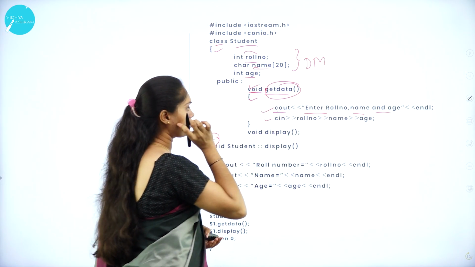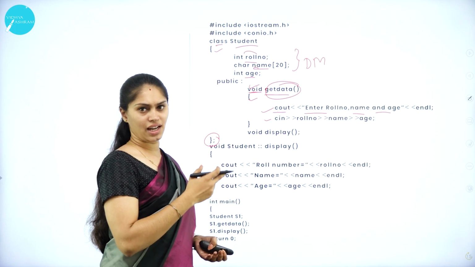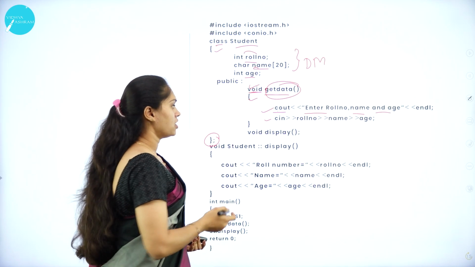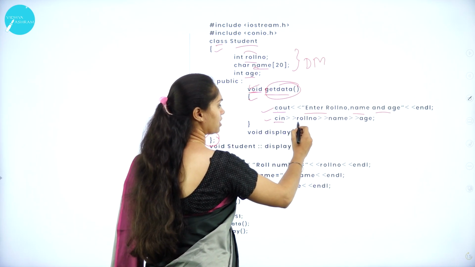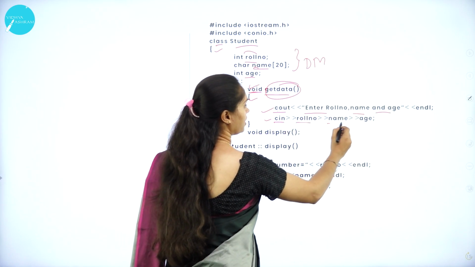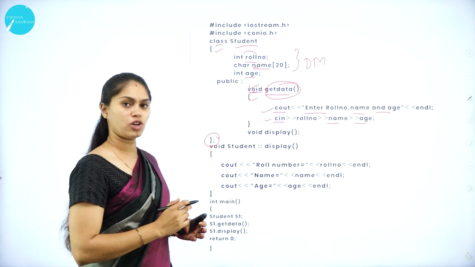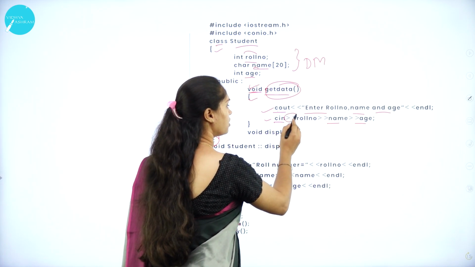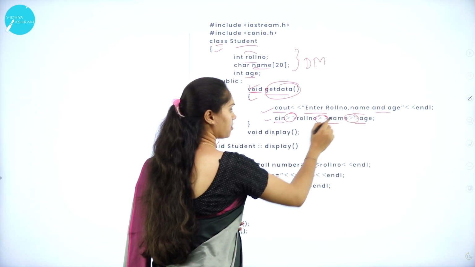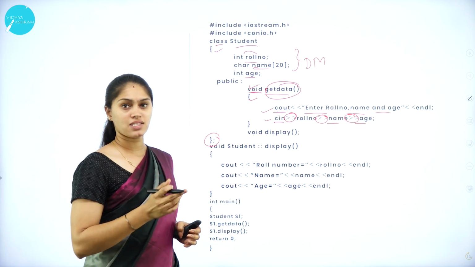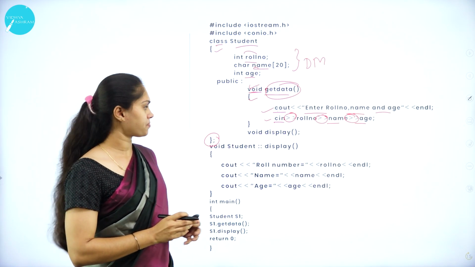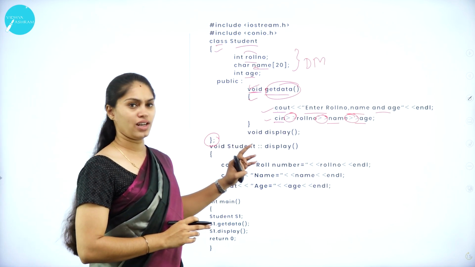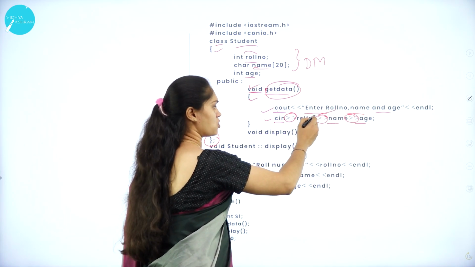cout, at that time I am going to take the value of roll number, name as well as the age. So in cin, I am going to take the values for roll number, name and age. If I want to take more than one value, at that time I use the operator again and again. So this is nothing but cascading of the input. So cin, roll number. This must match with this one.